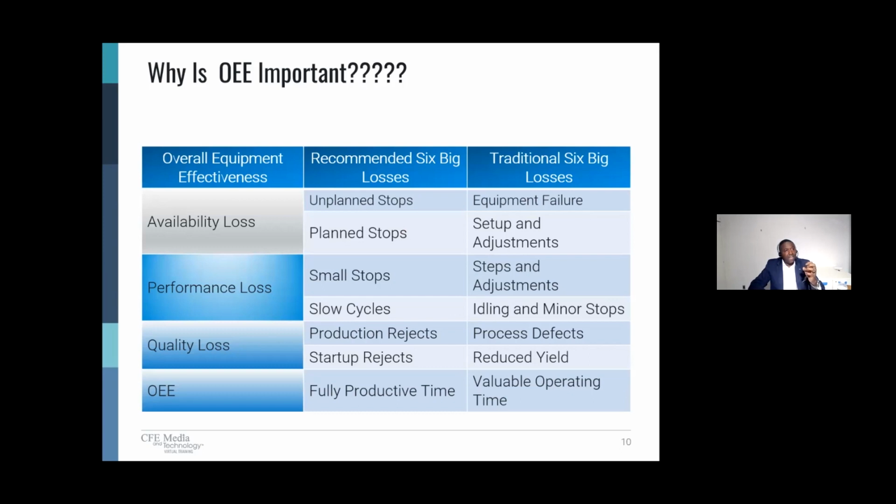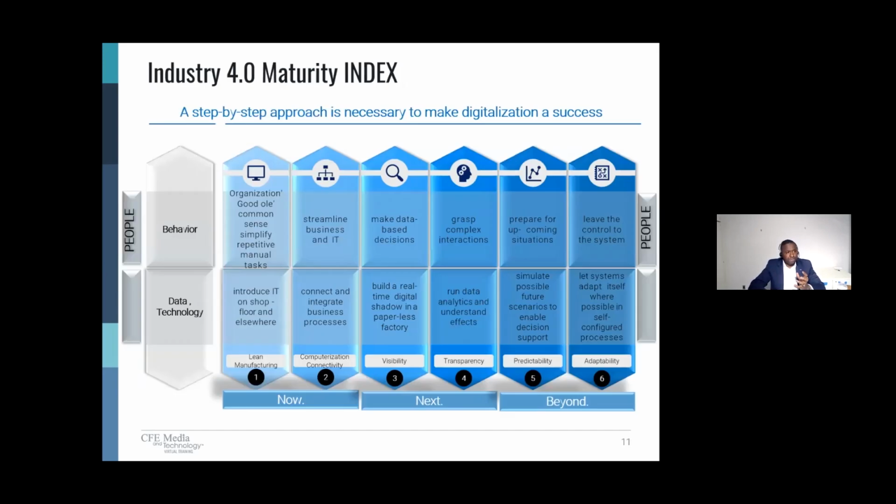Not having OEE, the availability loss, that means that my overall process, I'm not going to be able to track it. So I need to understand availability. I need to understand, when does my equipment shut down? And then now I have an understanding of what to do as far as an adjustment. The performance loss, quality loss. So OEE is very, very important.